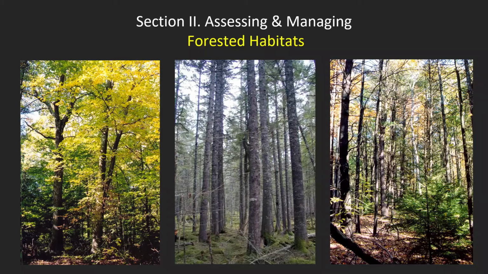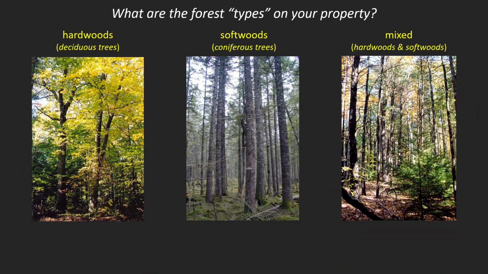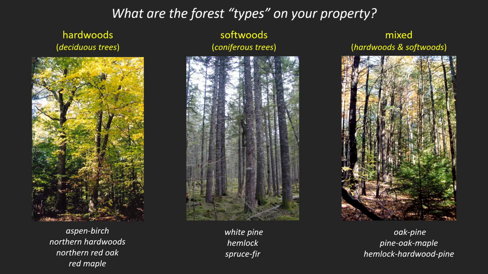Section 2. Assessing and managing forested habitats. When you get started, simply identify if the forested areas on your property are dominated by hardwood trees, softwood trees, or a mixture of hardwoods and softwoods. Specific forest types are identified in the field by differences in what tree species are dominant.